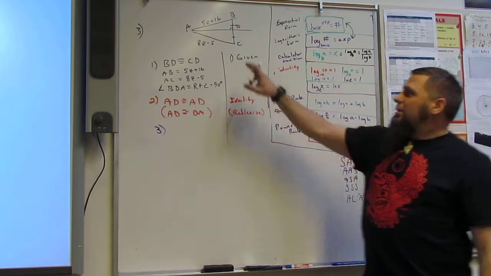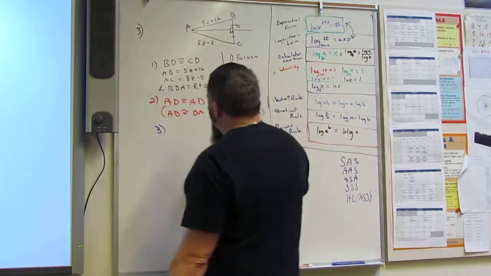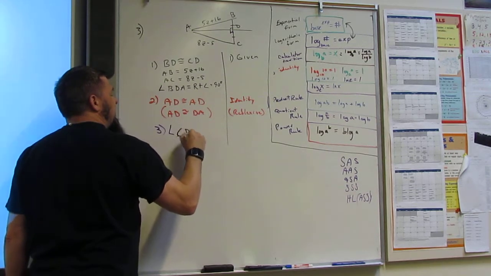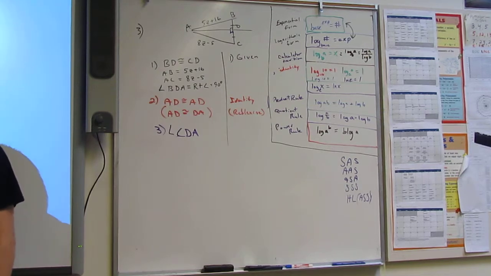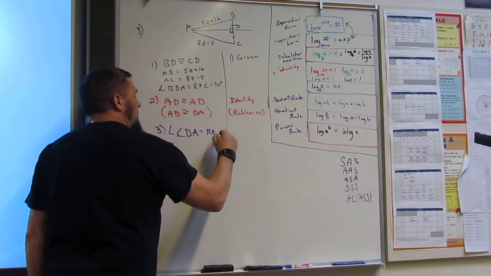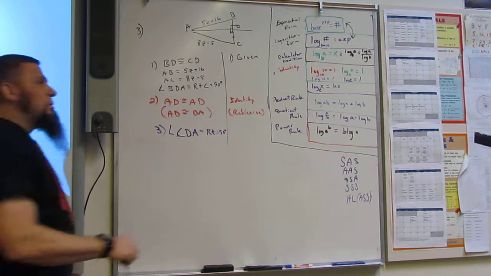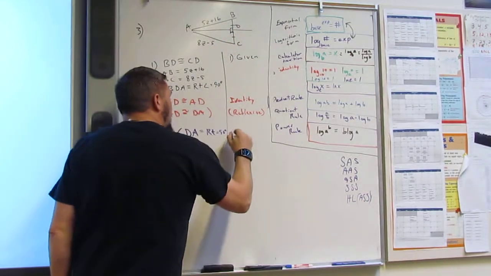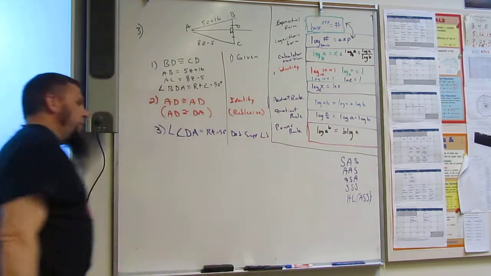What would we call that angle? CDA, which is also 90 degrees. Why do we know that? Because they add up to be supplementary. Definition of supplementary angles.